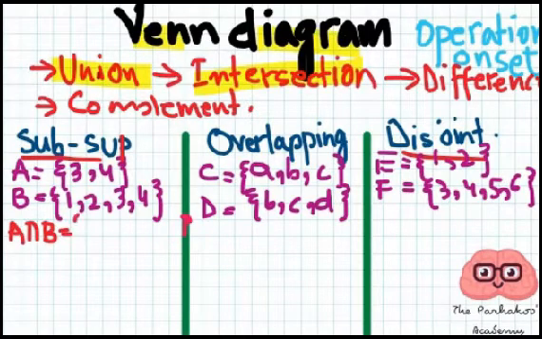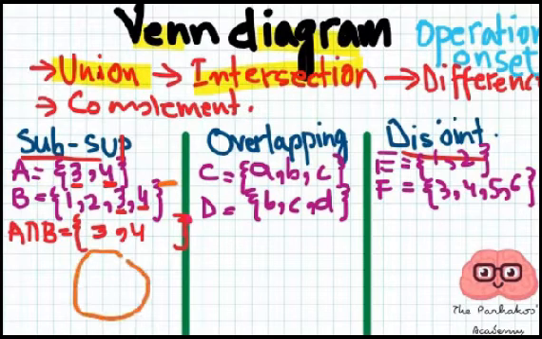So I'm doing it in tabular form as well to make you understand. Here we are going to see what's common. So here 3 is common, and 4 is common. So 3, 4. Now graphically, as I said, in sub and super, we first draw the bigger set, which is a superset.